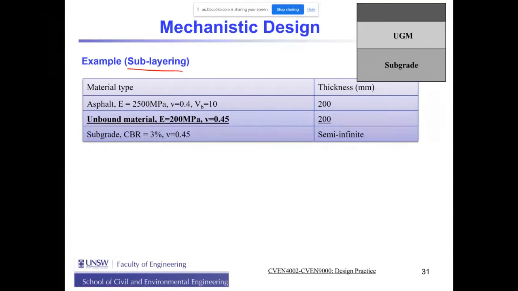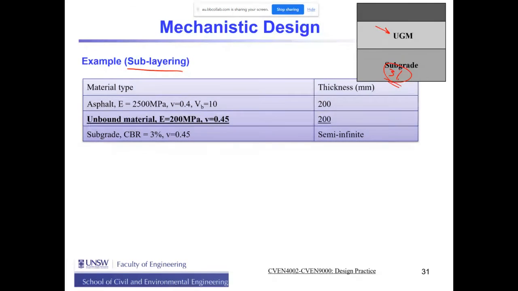We are going to use the sublayering method to determine the strengths and the stiffness Young modulus for unbound granular material. What is the structure of the pavement? There is one subgrade with the CBR of 3%. We already know that this is a very low value, so probably we have difficulty for the construction of the pavement. So prior to any construction, we need to improve the quality.